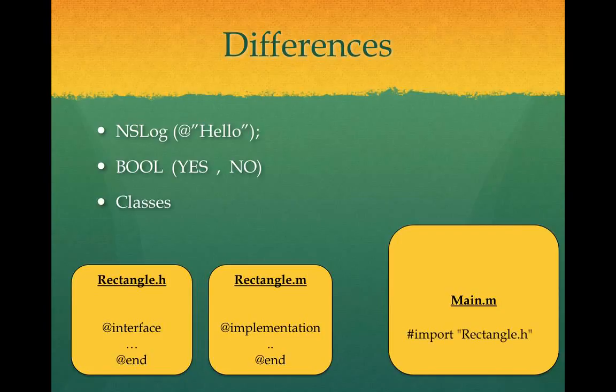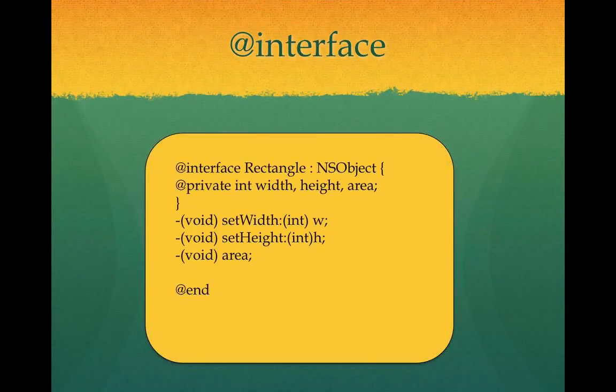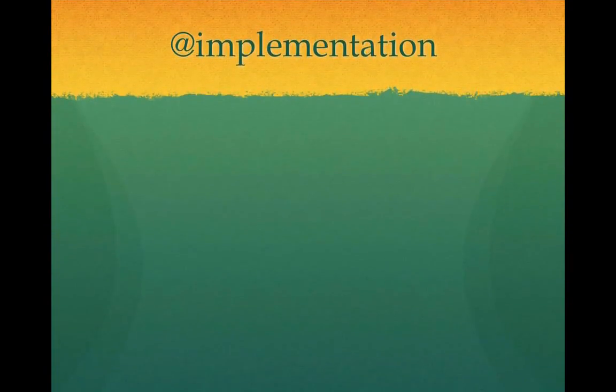So we also mentioned that the interface, okay, this is an enhanced version of the interface. We just have to mention one time that it is @private, and we list our variables here. Also the declaration of methods, just a declaration, and in the .m file we will be implementing our methods, and that's why it is called implementation.